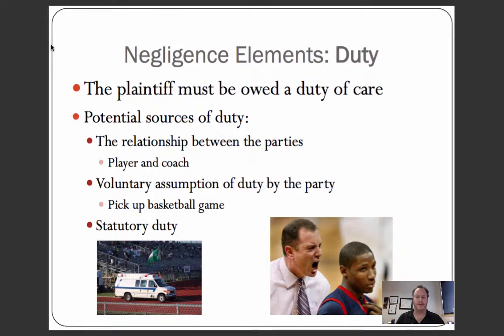So the relationship of the parties, often in some sort of close relationship where one would reasonably expect that there would be some sort of duty to treat someone in a protective manner, or that there's a vulnerable population that is receiving some sort of instruction or guidance by the other parties.